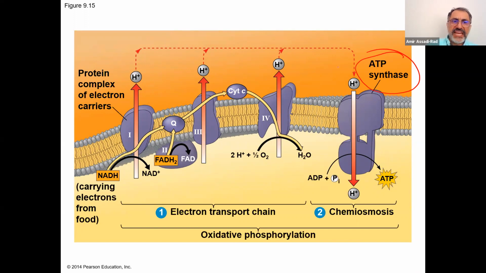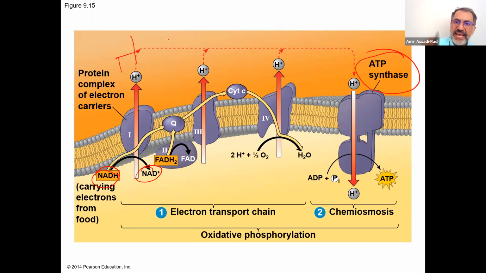So what happens: NADH that is generated from glycolysis, from conversion of pyruvate to acetyl-CoA, and also from the Krebs cycle, all go through these events. NADH becomes NAD, and when NADH becomes NAD, hydrogen gets pumped out.